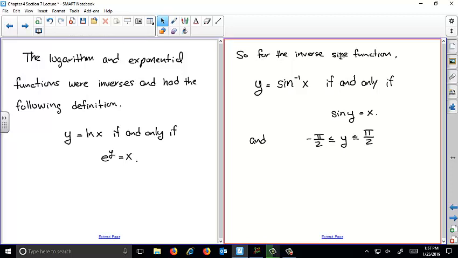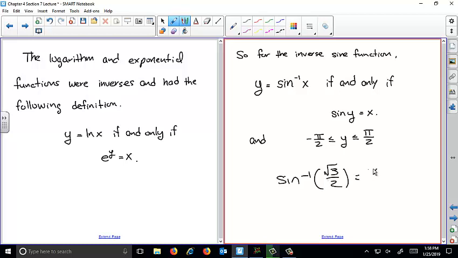For the inverse sine function, y equals the inverse sine of x if and only if the sine of y equals x. That's just defining that these are inverse functions, and you can say that they're equivalent to each other. So if you said the inverse sine of the square root of 3 over 2 is equal to pi over 3, that's the same as saying the sine of pi over 3 is equal to the square root of 3 over 2.